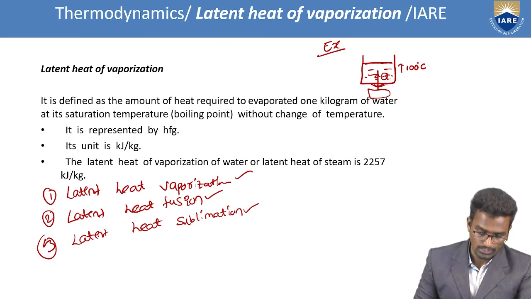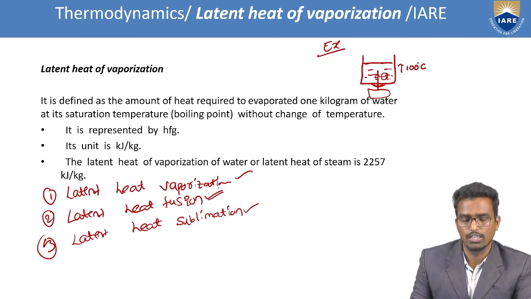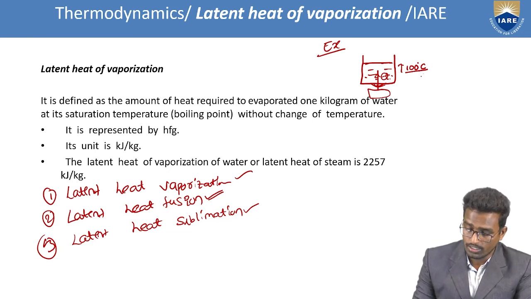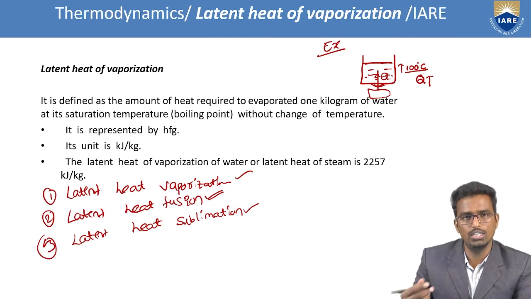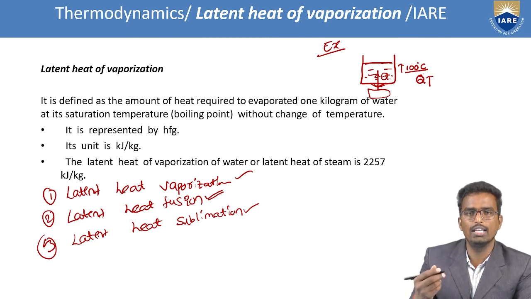So here the latent heat of fusion comes into the picture: at 100 degrees centigrade, that is at the saturation temperature, the amount of heat added to the system to change the phase from liquid to gaseous, that is to steam, you call latent heat of fusion.